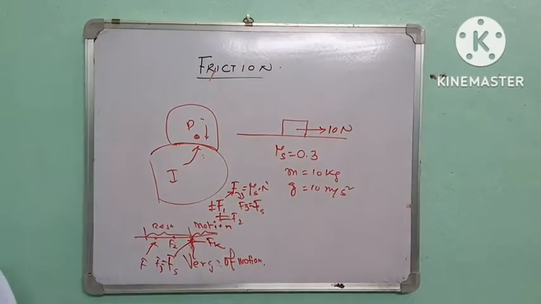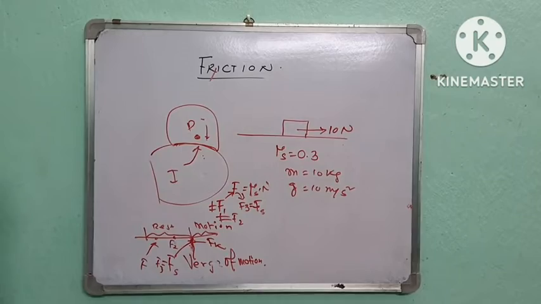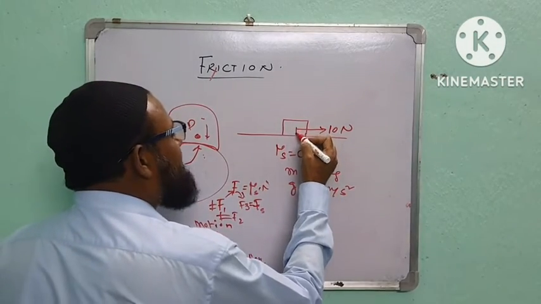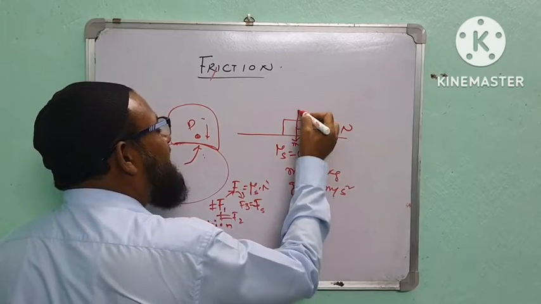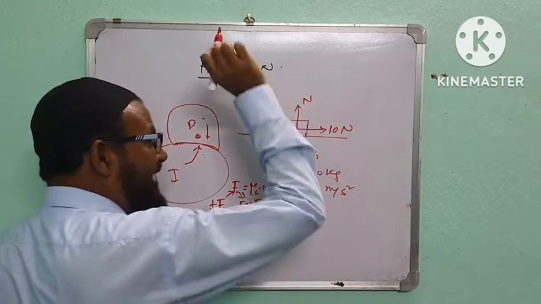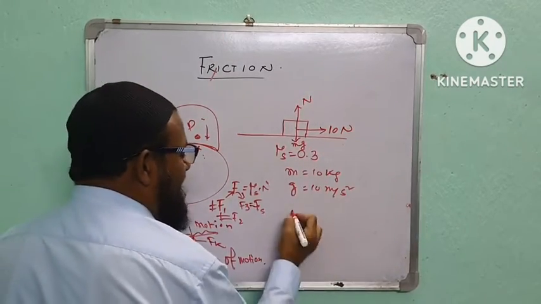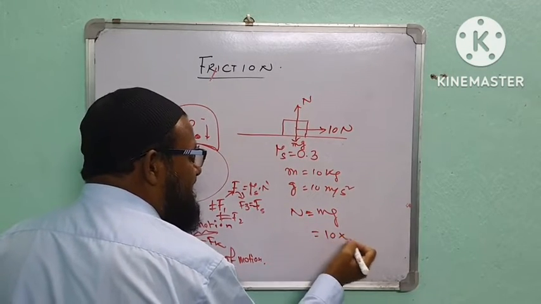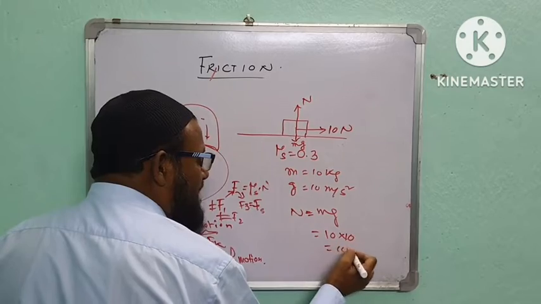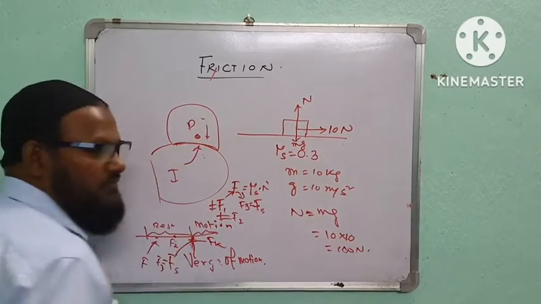Now I am applying in this case, suppose I am applying 10 newton. What is the friction in this case? Here is the concept. This is mg, this is normal reaction, so N equal to mg. N equals how much? g is 10, so 100 newton.